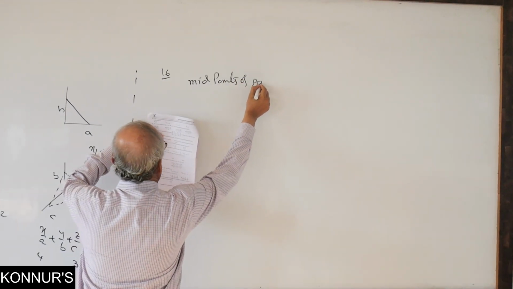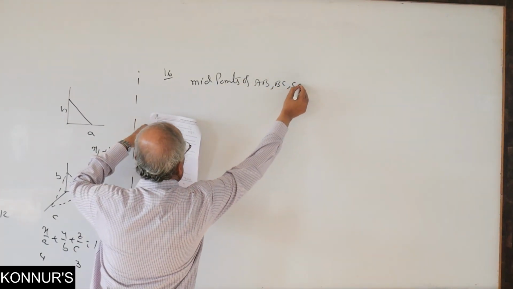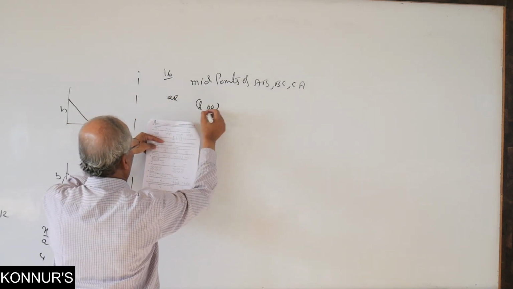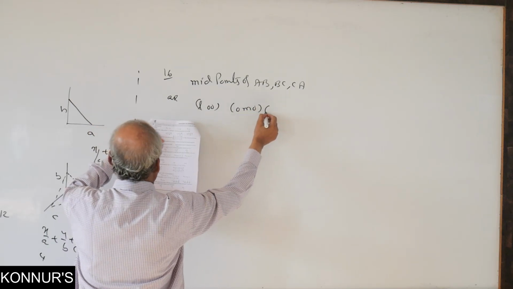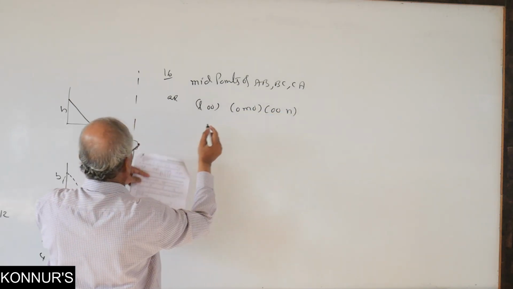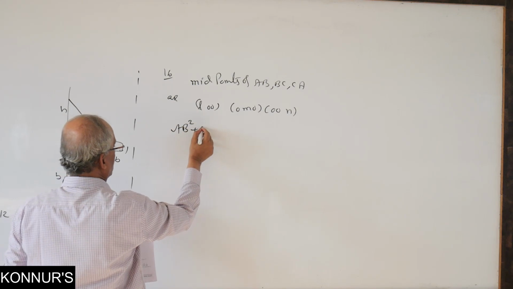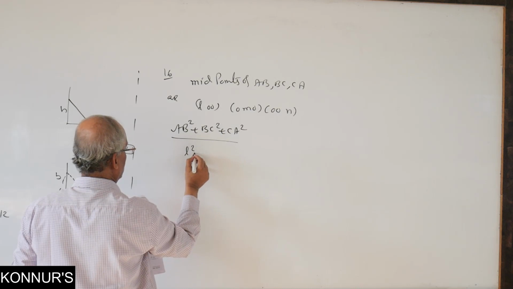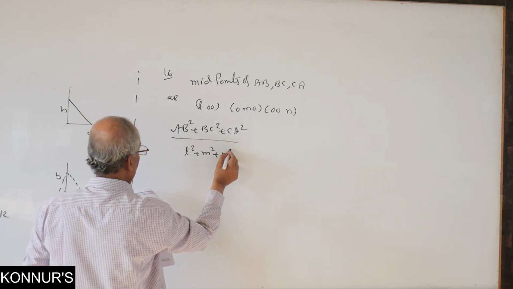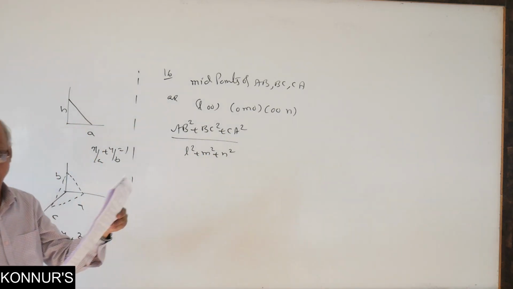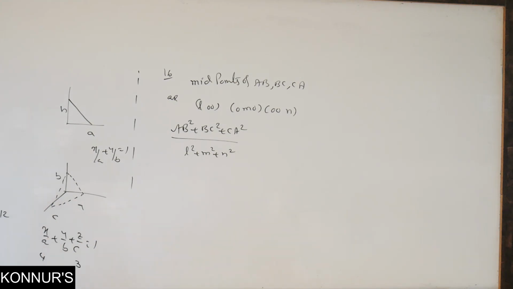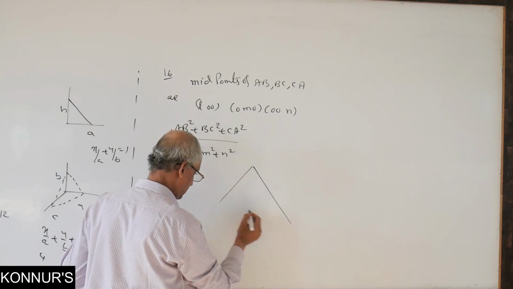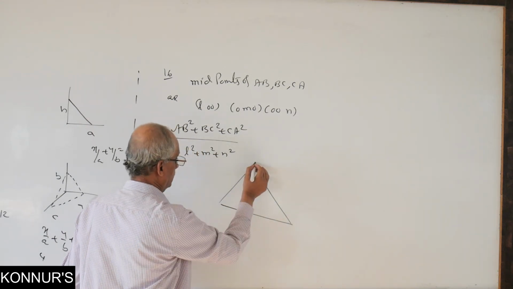Midpoints of AB, BC, CA are L, 0, 0; 0, M, 0; 0, 0, N. In this case, he is asking for the sum of the squares by the sum of the squares, how much it is. The numbers give the answer basically. Now if you draw a diagram here, triangular region ABC, right?